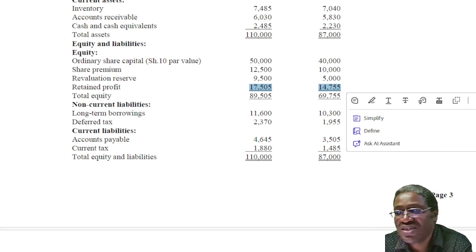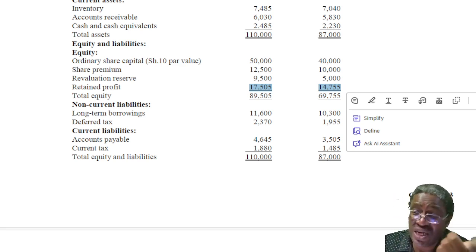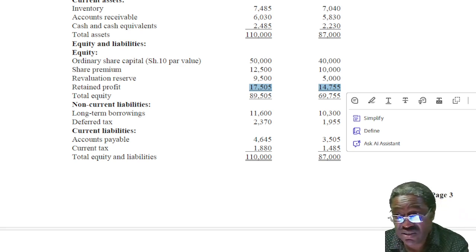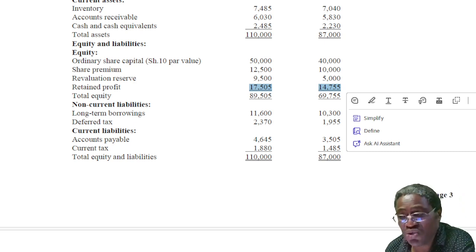Good. Now listen. That is the reason why we normally analyze the account called retained earnings: to determine the dividends paid by the company. But if the amount is given, then you don't need to analyze it. Listen. How is the amount given? To know whether the amount is given, you will go back to the question.